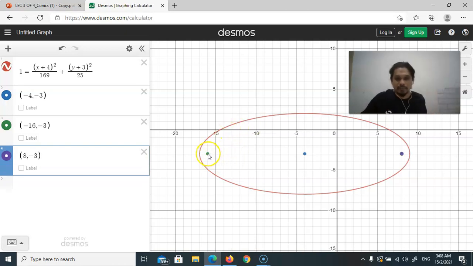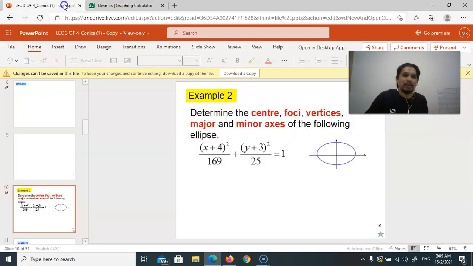So this is the focus point F1 and F2, and this is the center. So you may list down the vertex V1, the major, and also the minor here and here.